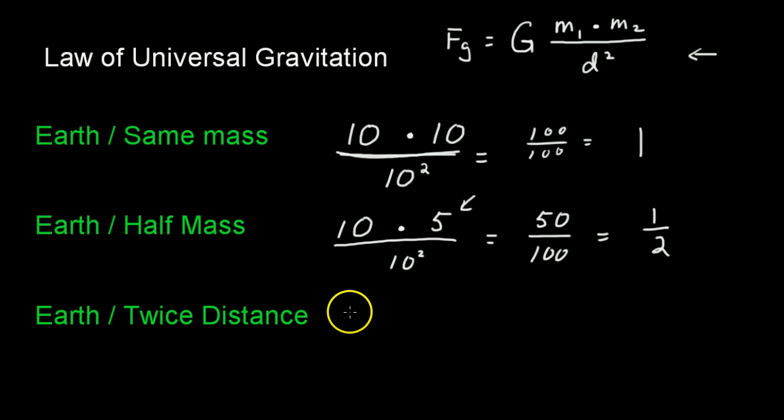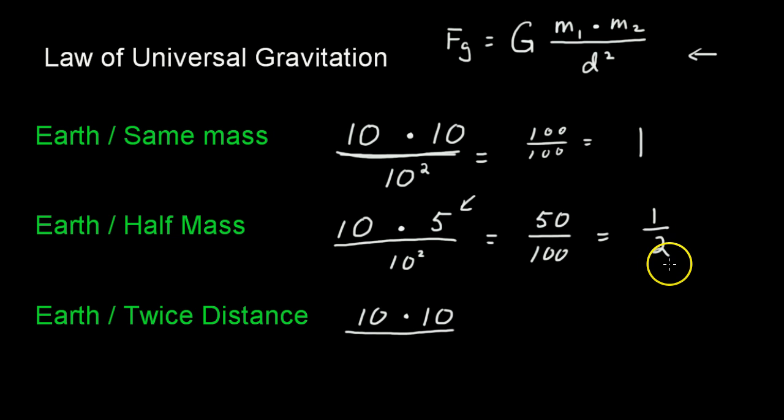Okay, but let's say we have planet Earth, and we'll go back to that first planet where it's the same mass, and instead we spread them apart. We make it twice the distance. So because it's further apart, its gravitational pull should be less. Okay, and since we doubled the distance, then maybe we would guess that it would also reduce by half.